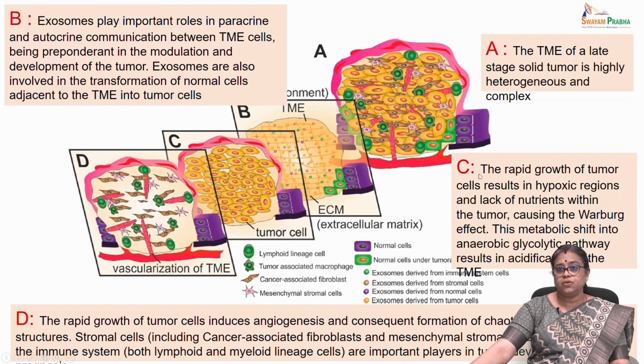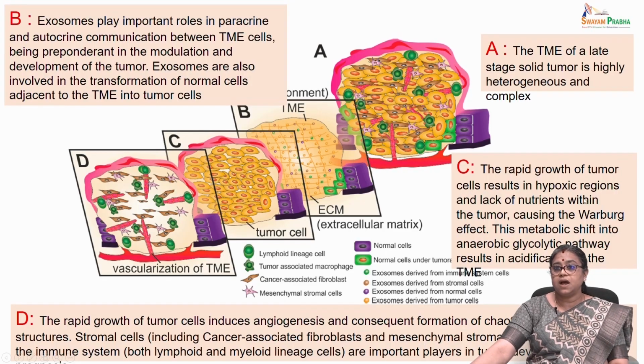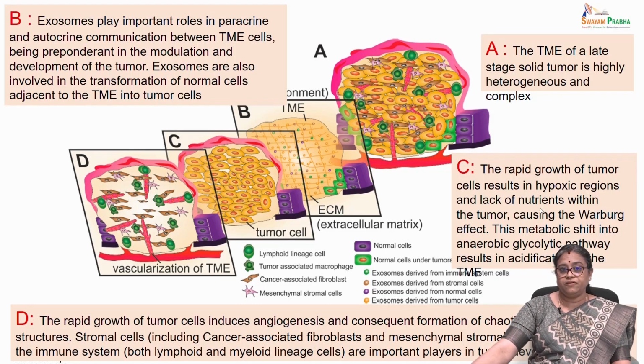Now coming to cartoon C. This picture shows a rapid growth of the tumor cells which results in hypoxic regions due to lack of nutrients. When the tumor cells rapidly proliferate, they need blood supply.